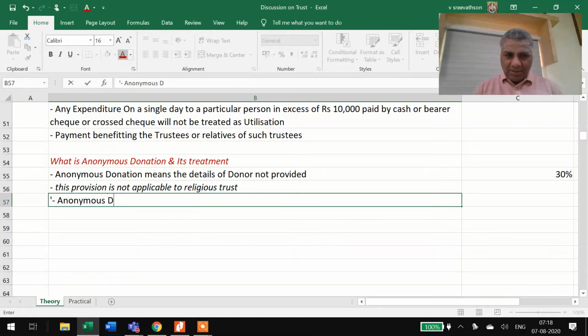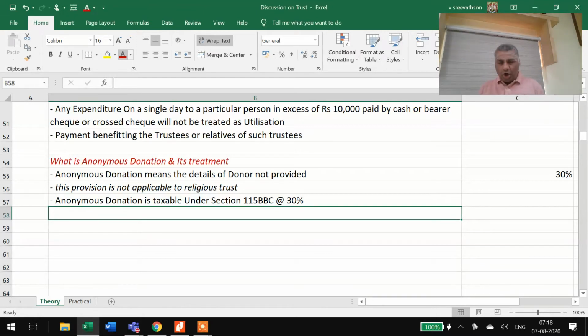Anonymous donation is taxable under section 115 BBC at the rate of 30%. Anonymous donation, so you know 115 BBC means it is a charging section, is taxable under section 115 BBC at the rate of 30%.